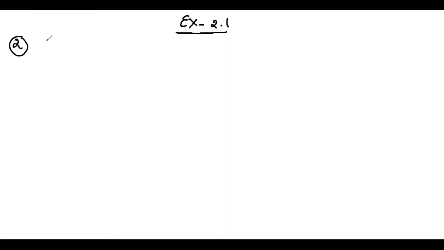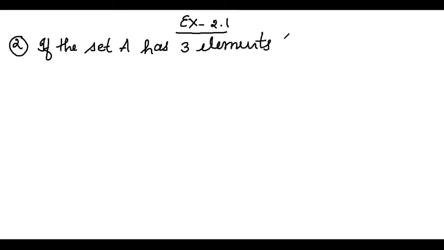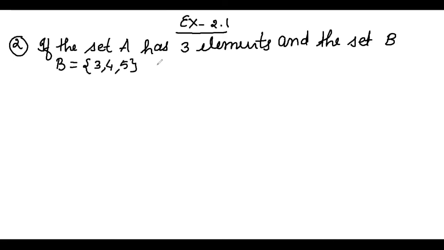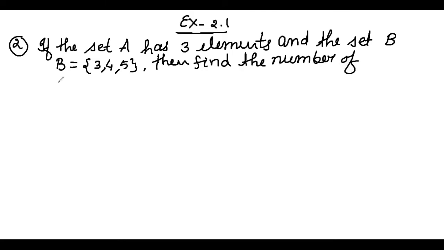If the set A has 3 elements, and the set B equals 3, 4, 5, then find the number of elements in A cross B. This is the question.